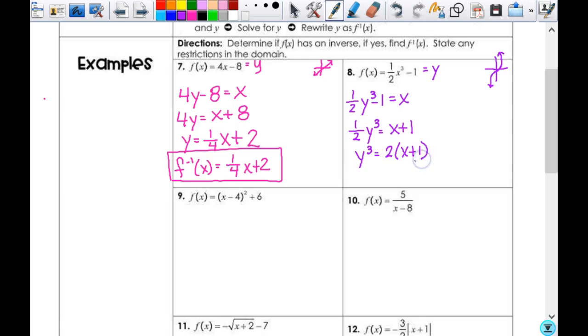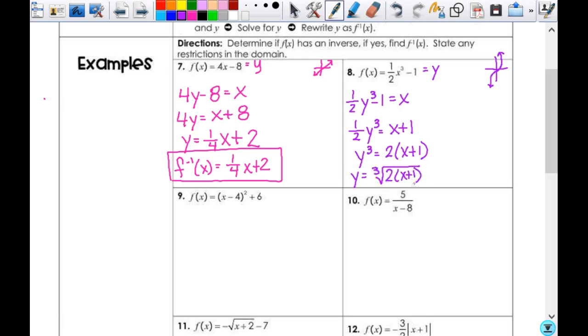Now, I could distribute, but I'm not going to, and I'll explain to you why at the end. But those parentheses there are important, right? I can't just put a 2 out in front of the x. We're all good with that? Still got to get y by itself, so what do I do? Cube root, right? So I have to take the cube root of both sides. So y is equal to the cube root of 2 times x plus 1.